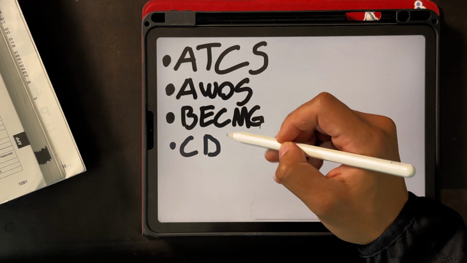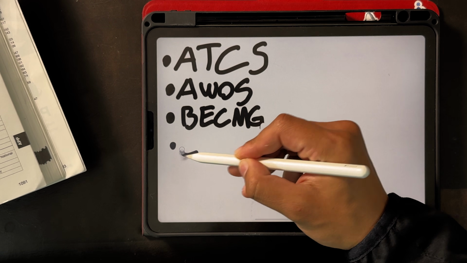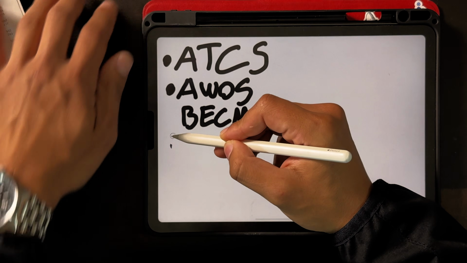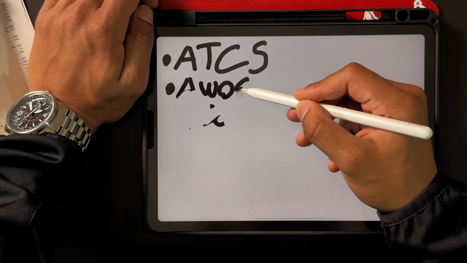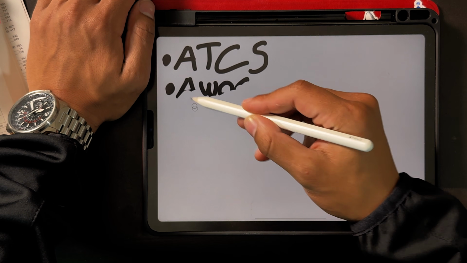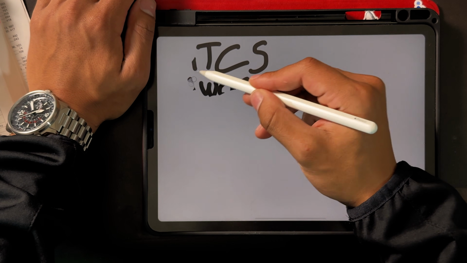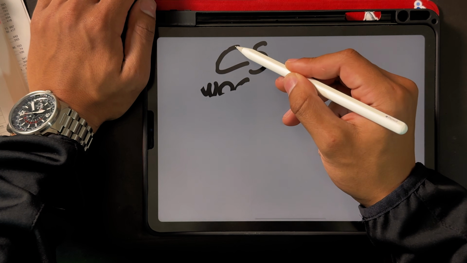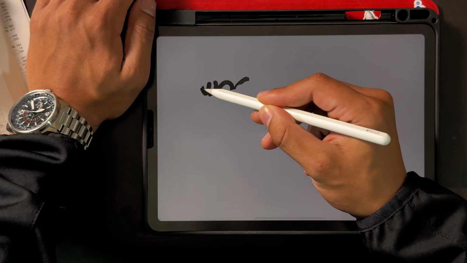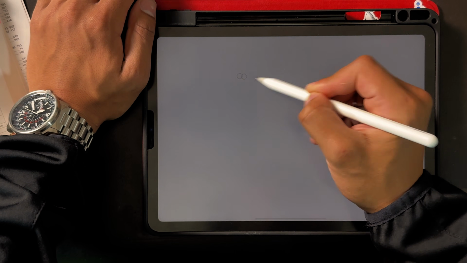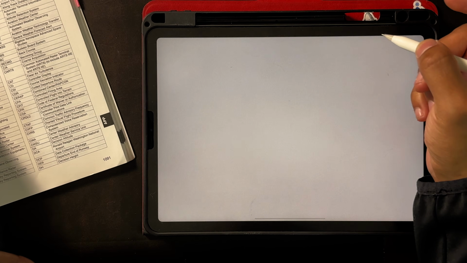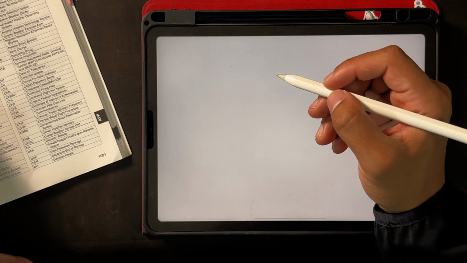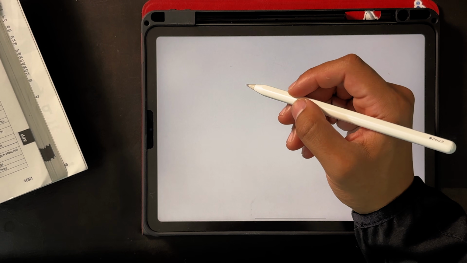Let's erase this page here. Okay, so let's get into the next letter of the alphabet, D as in Delta.